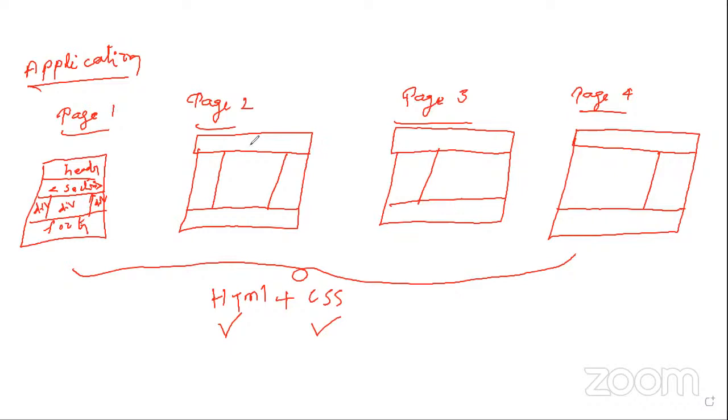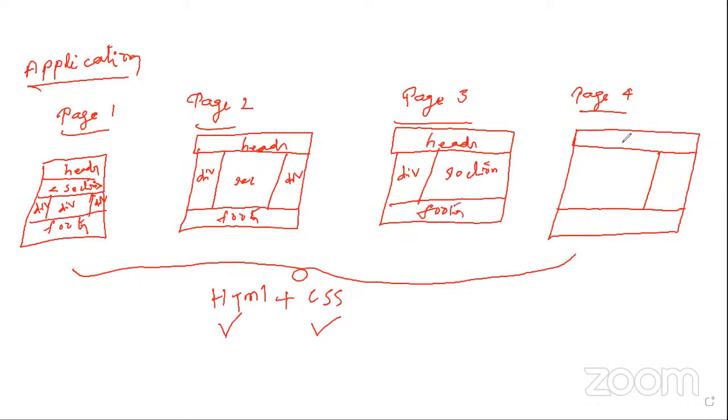Now similarly, this is also a header. This can be created by using the header tag, and this can be a division or section and division, and this can be footer. Listen carefully. Even this is again a header, this is a division, this is again a section, this is footer.